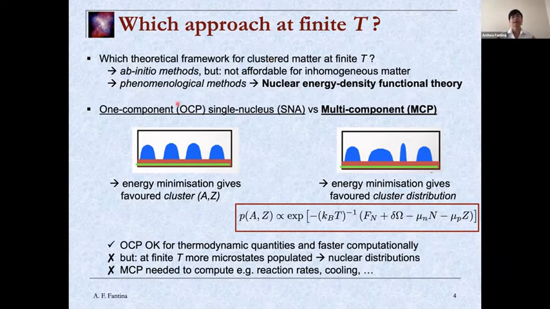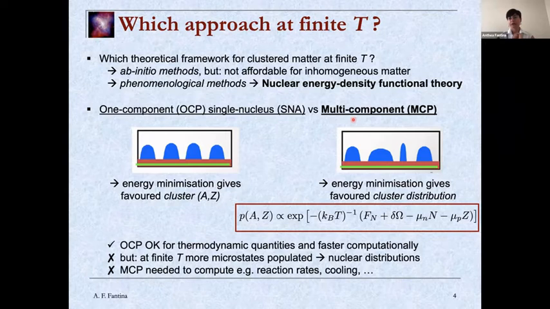So one can use the so-called one component or single nucleus approximation, where you basically resume your full distribution to one representative nucleus. So your energy minimization gives you the favorite cluster in the crust. However, if you do consider the full distribution, this means treating the system in a multi-component approach.